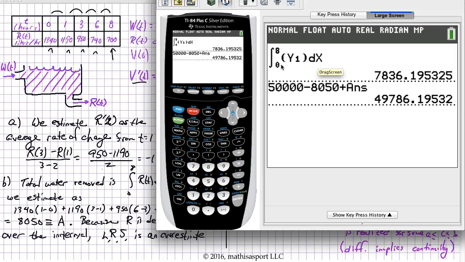At any rate, that integral of w of t from 0 to 8 gives us 7836, and I can put the other numbers in now, 50,000 minus 850, plus this value that we just got, approximately 7836, yields a final answer of 49,786.